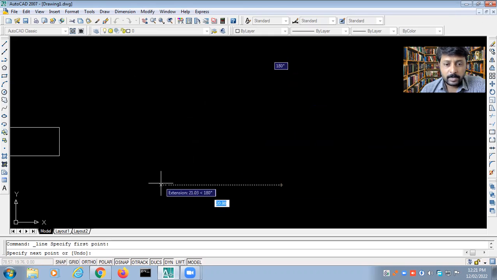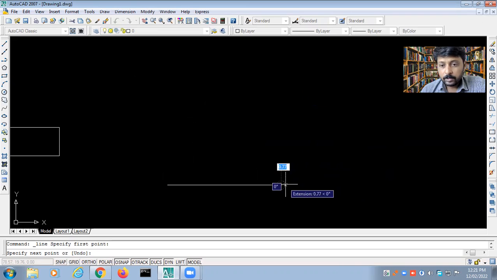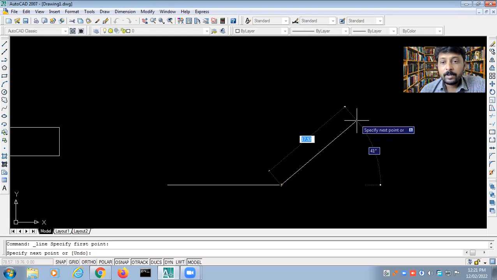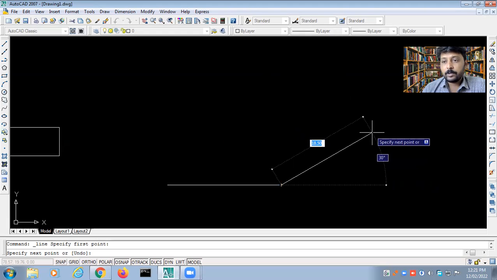If you take 30 degrees from here, the line will go like this. You can observe on the screen, this is the 30 degree line. The length is 18.50, it can be changed, but the angle is 30 degrees. The triangle is not going to be seen as we want it, so I am taking this angle from the left side of the screen.